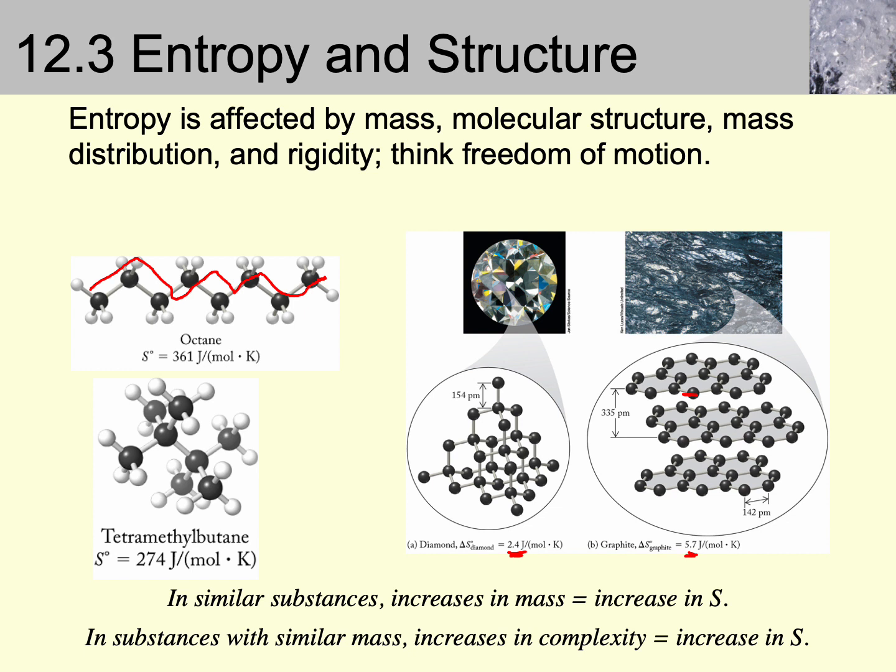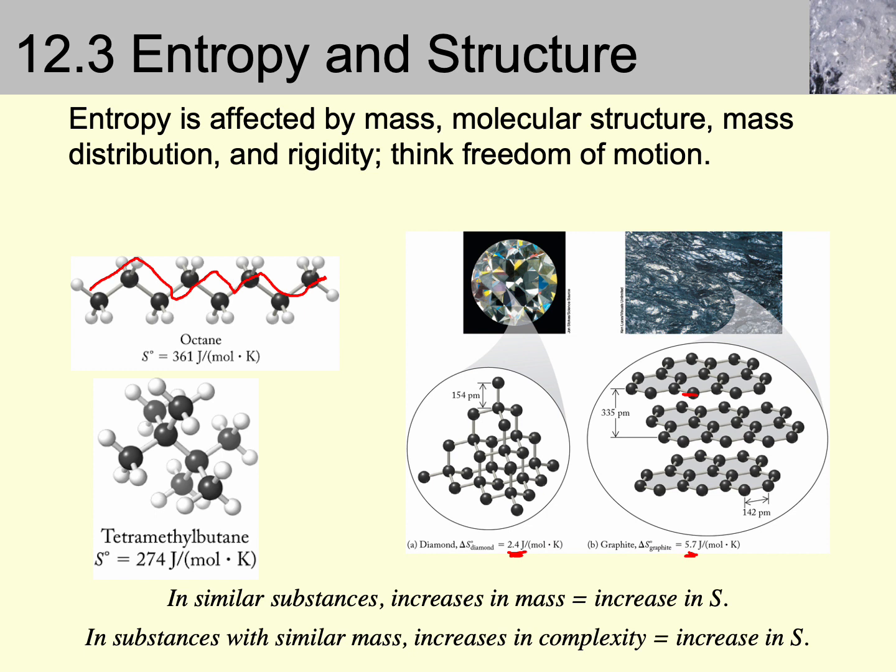Another example, going back over here, we're thinking about freedom of motion. If we were to build these models, you would see that you can't twist tetramethylbutane around. You cannot twist any other way other than the way it is right here. But the octane has more conformations that it can twist into.